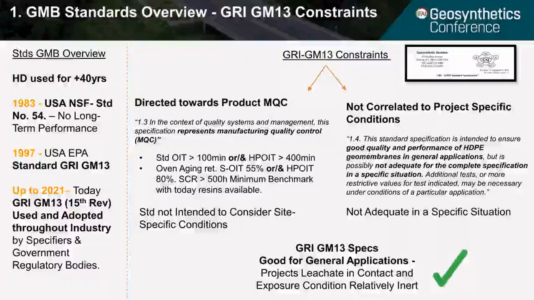Since 1997, and now in its 15th revision, the GRI GM13 standard for HDPE is used and adopted throughout the industry by specifiers and government regulatory bodies. However, the fundamental GRI GM13 aim was directed towards product manufacturing quality control, MQC.